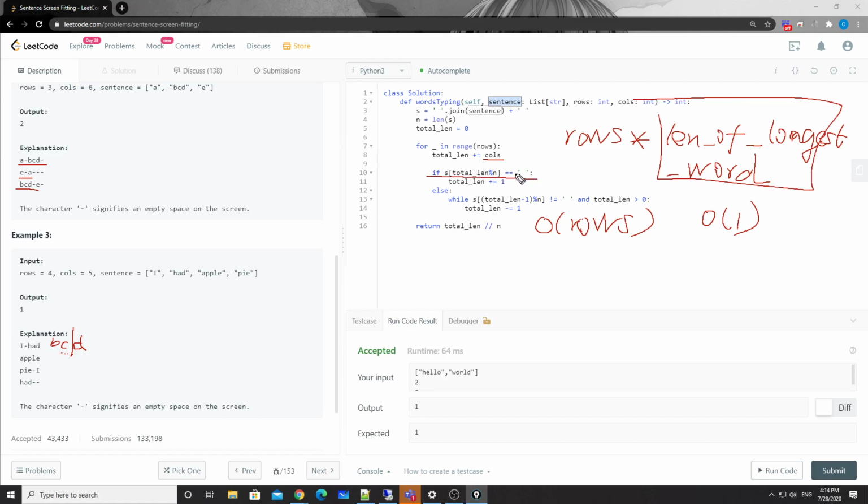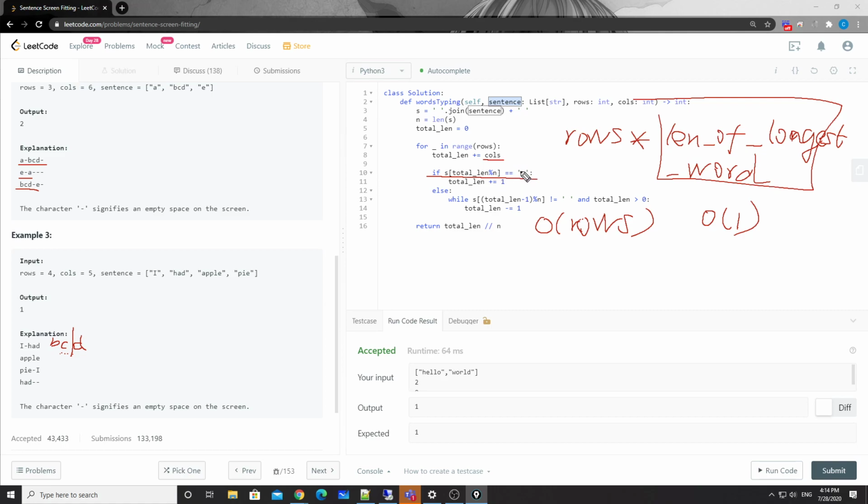The way we verify how many spaces or columns we can utilize on each row depends on whether we can fit in any words.